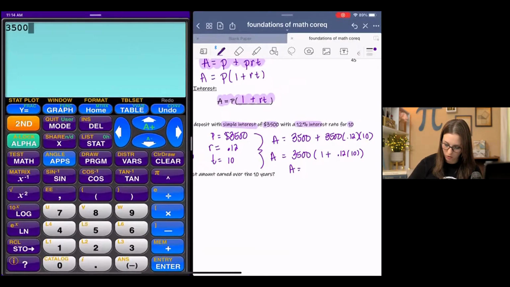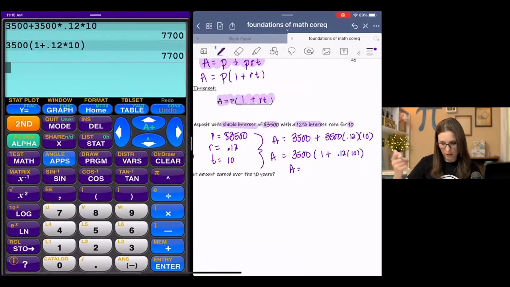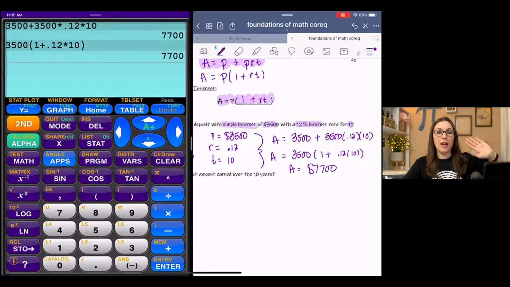And I'll show you: 3,500 plus 12% for 10 years, or 3,500 first year plus 12%. There you go. 7,700. Doesn't matter. So if this amount sat in an account for 10 years, then when you come back to that account and withdraw money, you would have $7,700 sitting there.